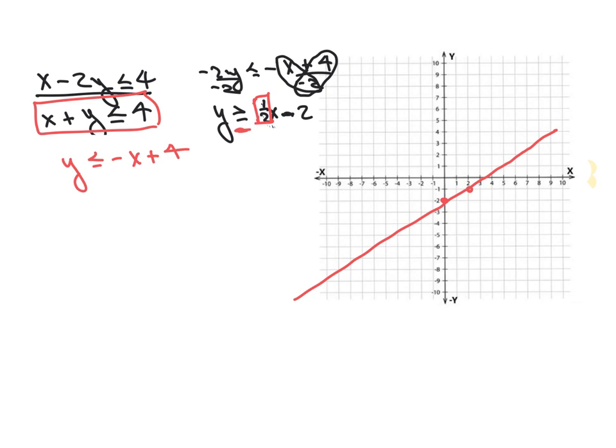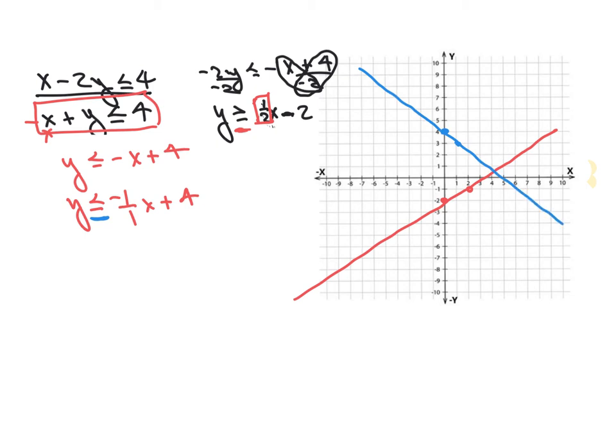I just subtracted x from both sides. So that gives me y is less than or equal to -1x plus 4. Need to change my color to blue. I cross the y-axis at 4, and I go down 1 over 1. Because of the less than or equal to sign, I get, again, a solid line.